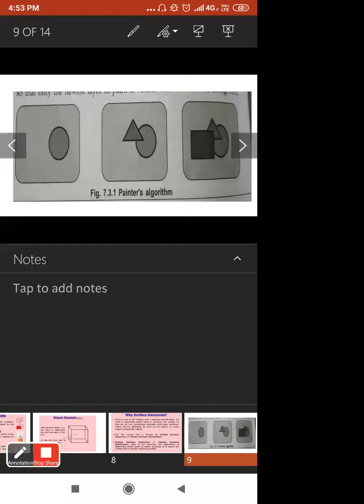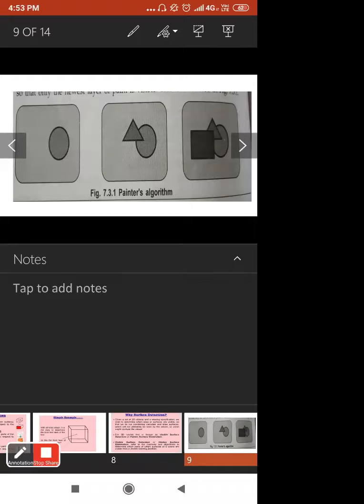This may cause problems when the polygons' z extents overlap. Z extents overlap means what? These objects overlap each other in a manner that they are somewhat overlapping on the z axis.